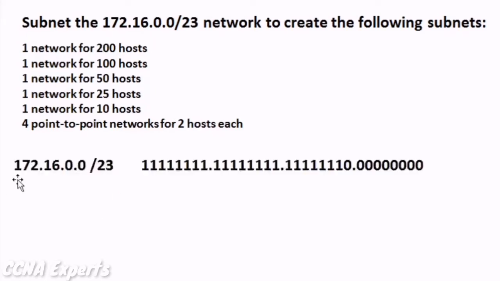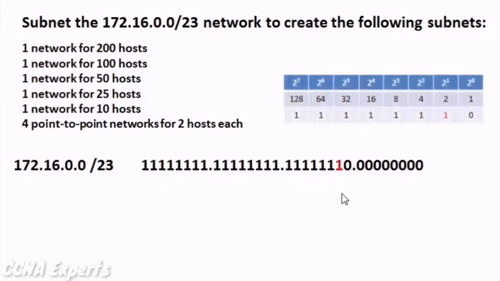By writing out the network and the subnet mask in binary, we see that we have a /23 subnet mask. Here's 23 ones in binary. The last bit is in the 2's place. If we look at this 8-bit grouping in the 3rd octet, we see that the last one is in the 2's place. That means the subnets would go up by 2.